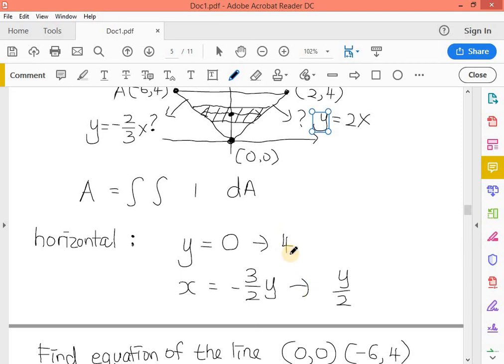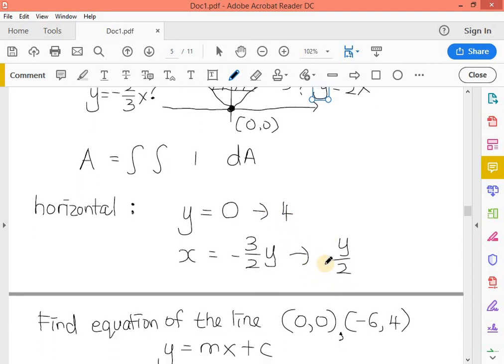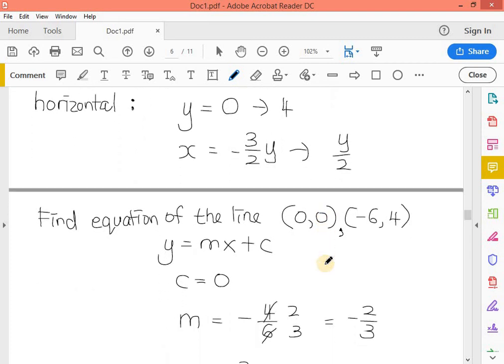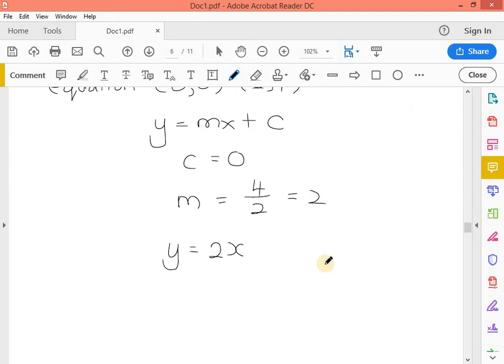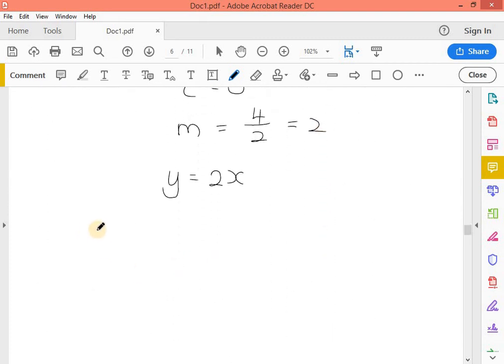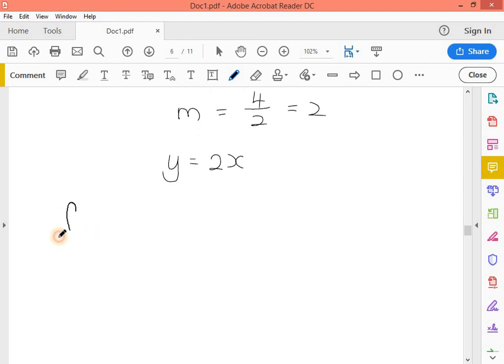You have got the interval, right? Can you proceed to find its area? What should be outside? What should be inside? Just now you have 0 to 4.